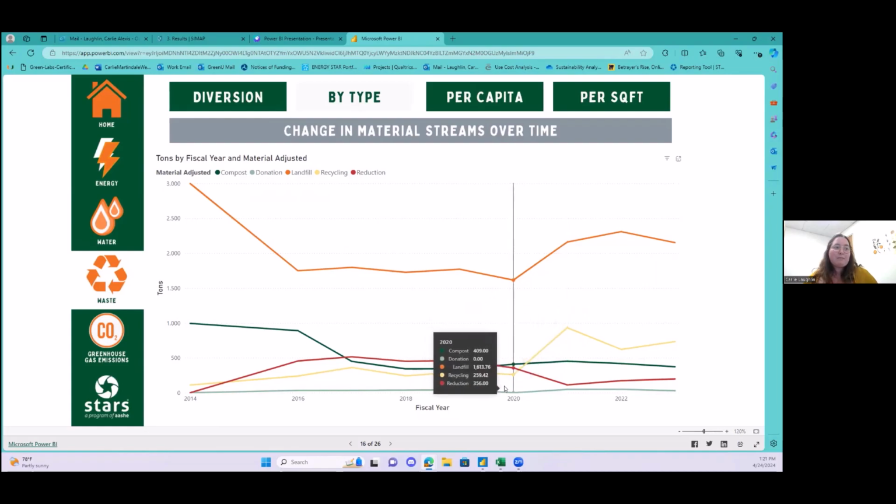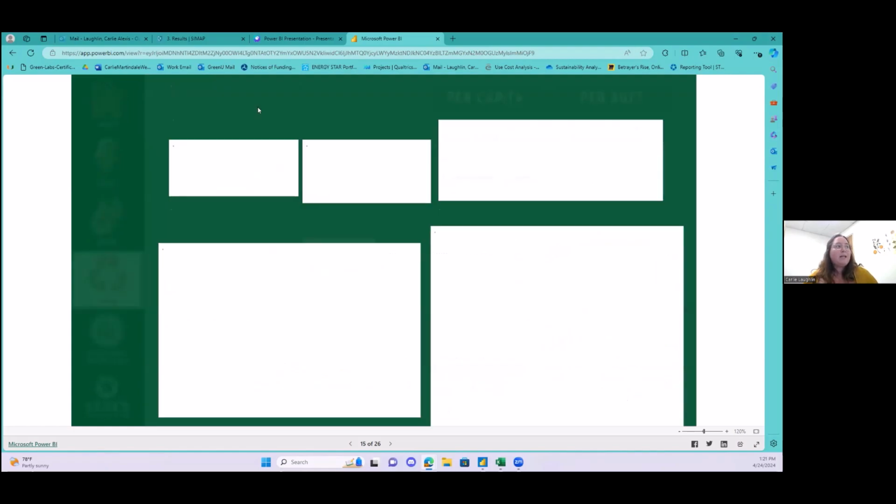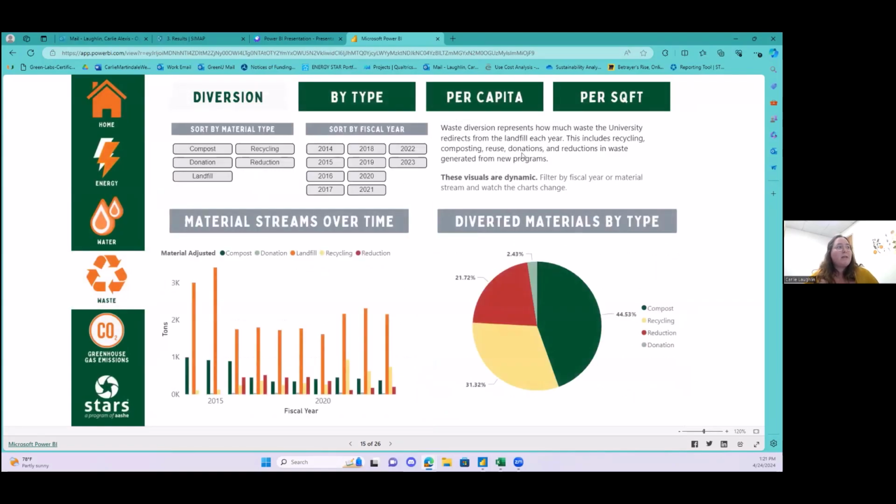We can see the dip from when COVID hit. If we want more information on waste diversion specifically, we can look and see the breakdown for the diverted materials by type.